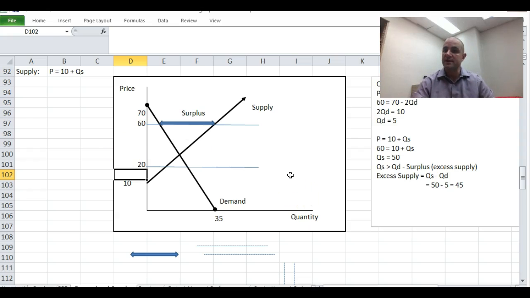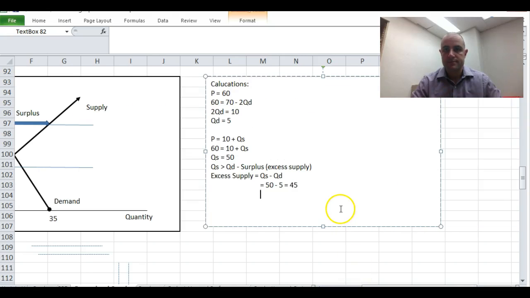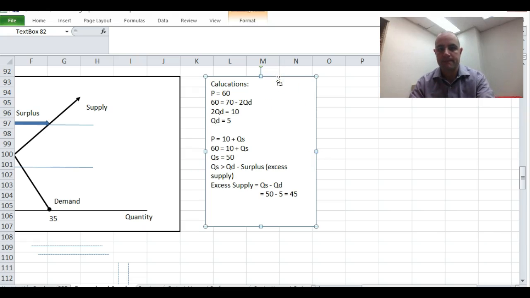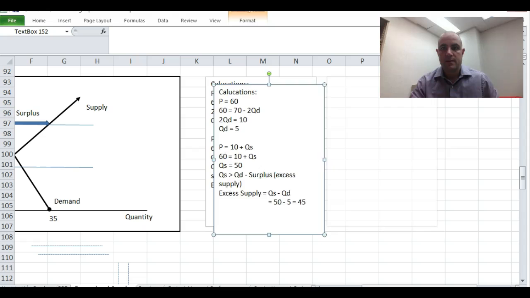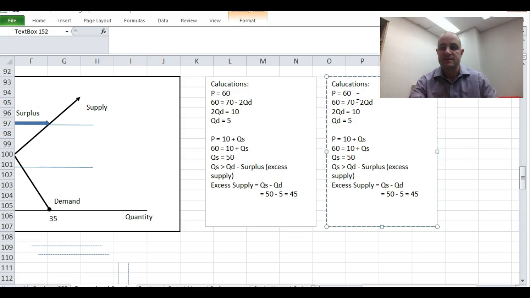So if we go through and do this again, we still have our demand, price equals 70 minus 2 QD, but now the price is 20.